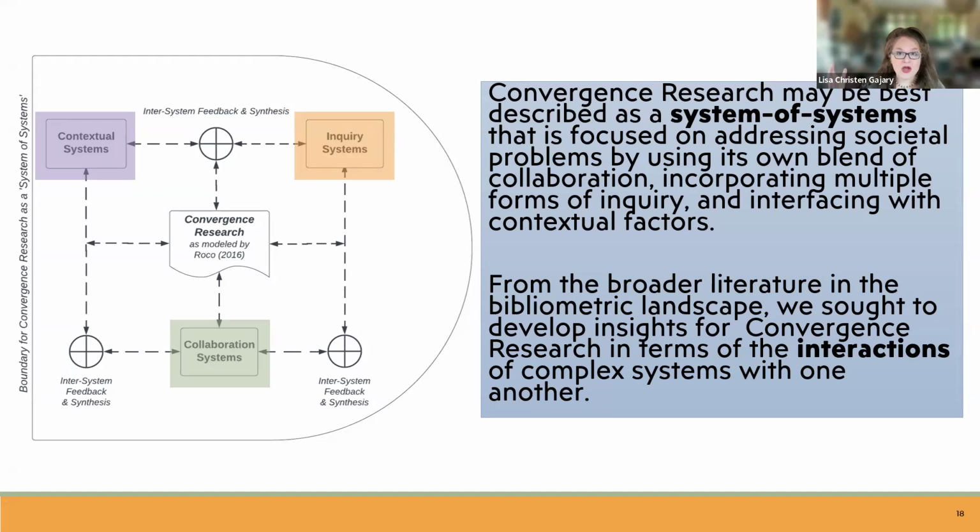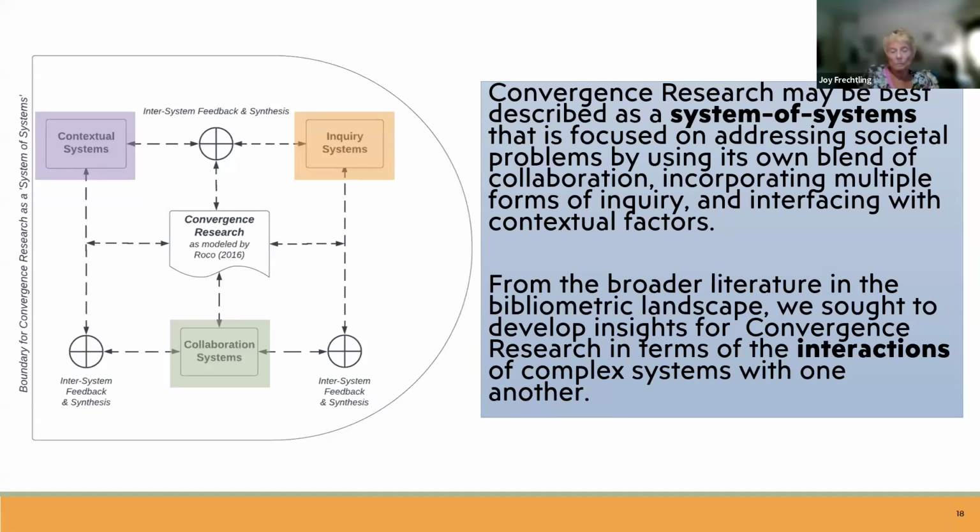But broadly, would it help our lens if we considered it as a system of systems? In particular, the literature discusses systems of inquiry, contextual systems, and collaboration systems, and I'll go into those in a moment.